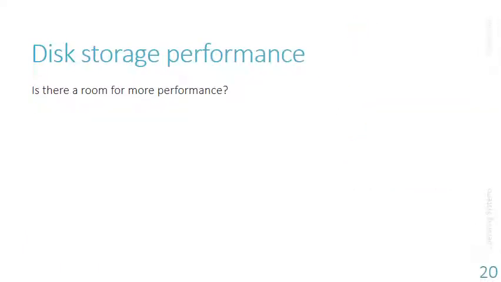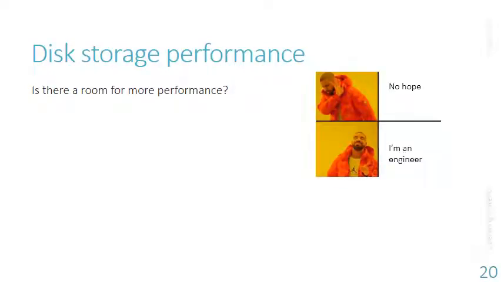Alright, so let's see. Again, it's me, so I care about performance. So how to improve things? A pessimist would say that there's no hope, but my favorite is to say that I'm an engineer, I will find a solution.